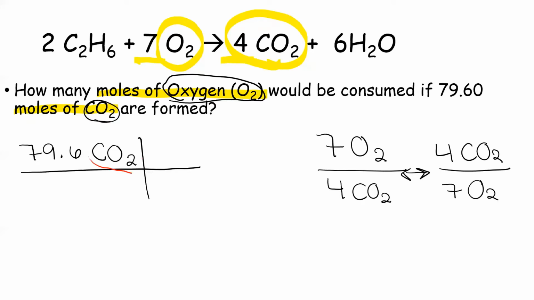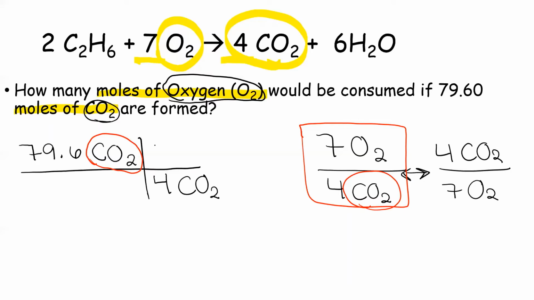My equation has CO2 as my given, so that's what I want on the bottom for my conversion factor, which means that this is going to be the conversion factor that I plug into my equation. And I can write that out as 4 CO2 on the bottom and 7 O2 on top. I know that's correct because it's asking how many moles of oxygen, and that's what's on top at the end.